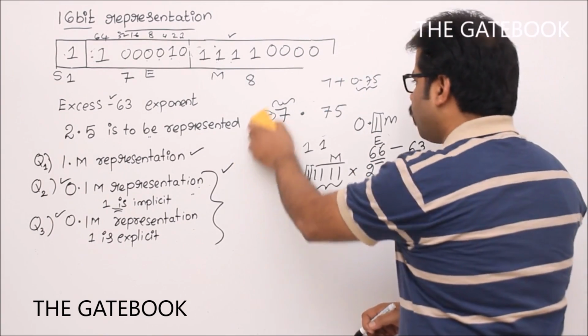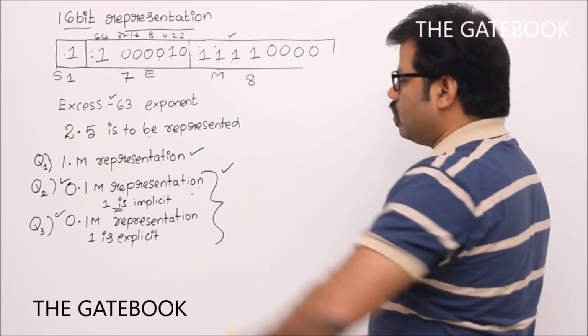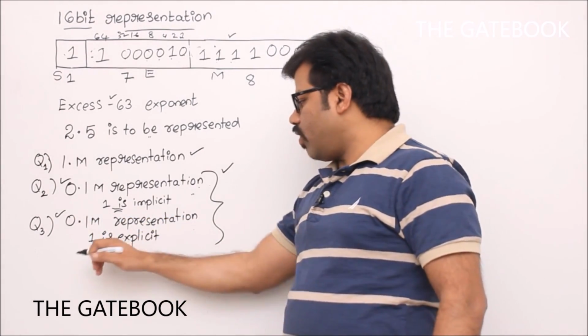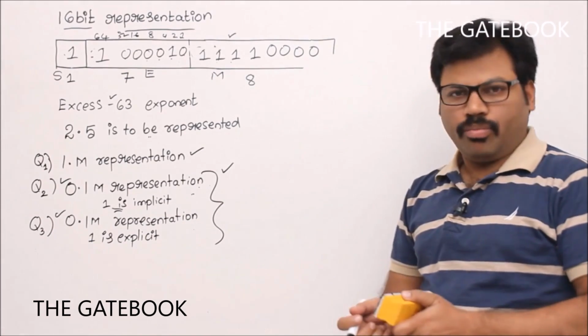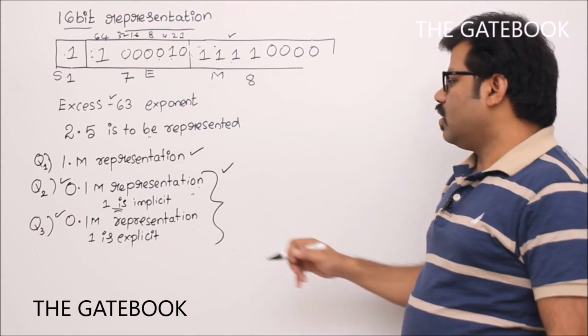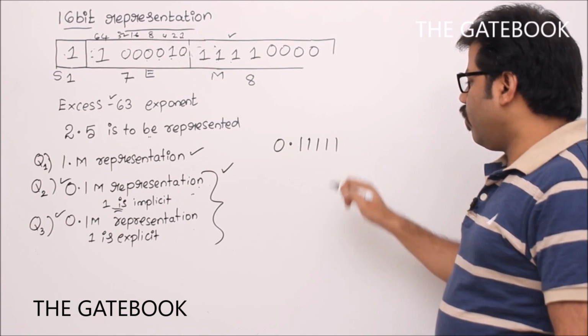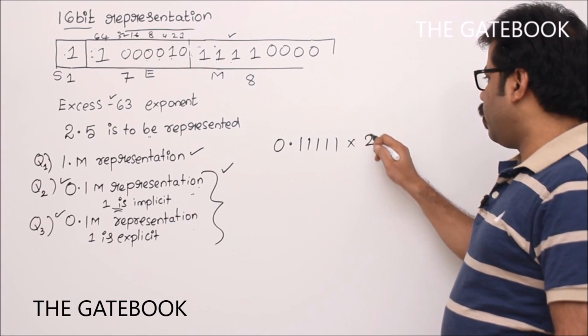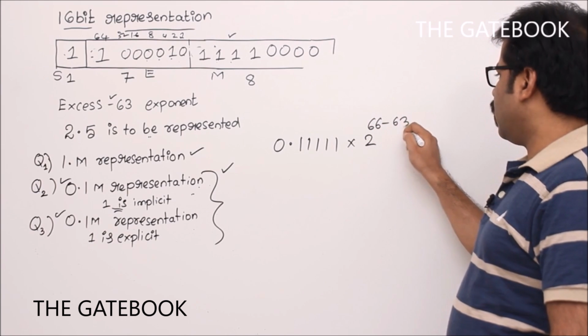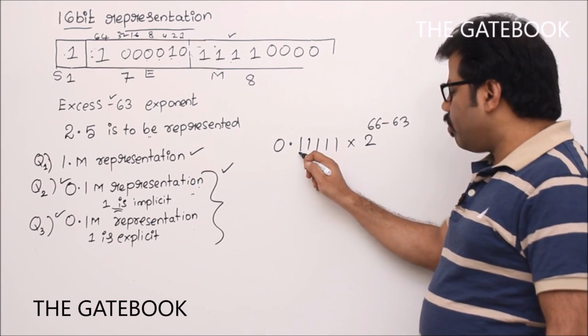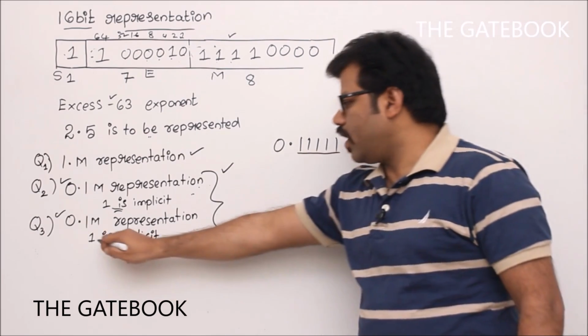Now the last one, 0.1m representation where 1 is explicit. That means 1 also we have to represent here. That means what we got, do you remember, we got 1, 2, 3, 4, 5, correct, into 2 power minus 3. So we have to represent everything because this 1 is also explicit.